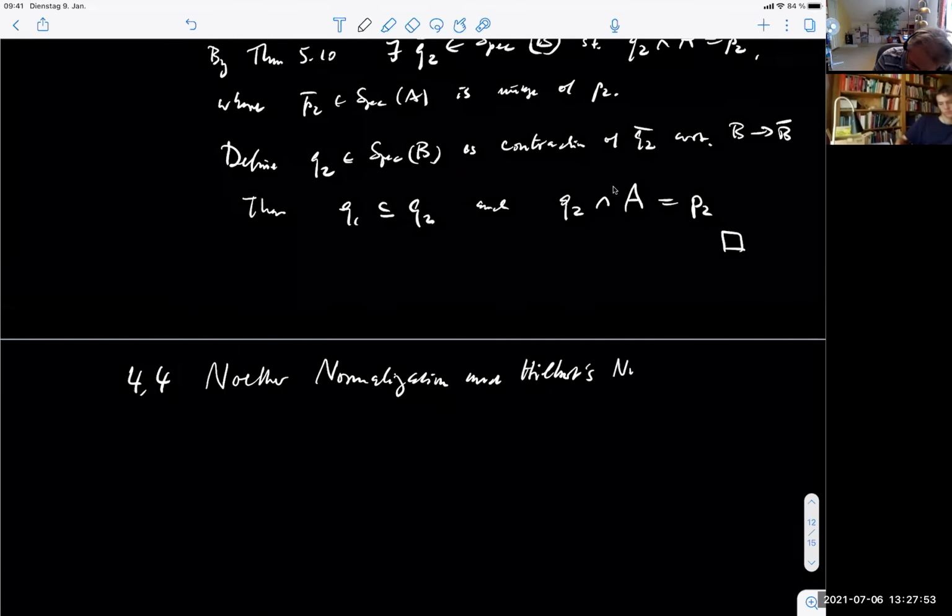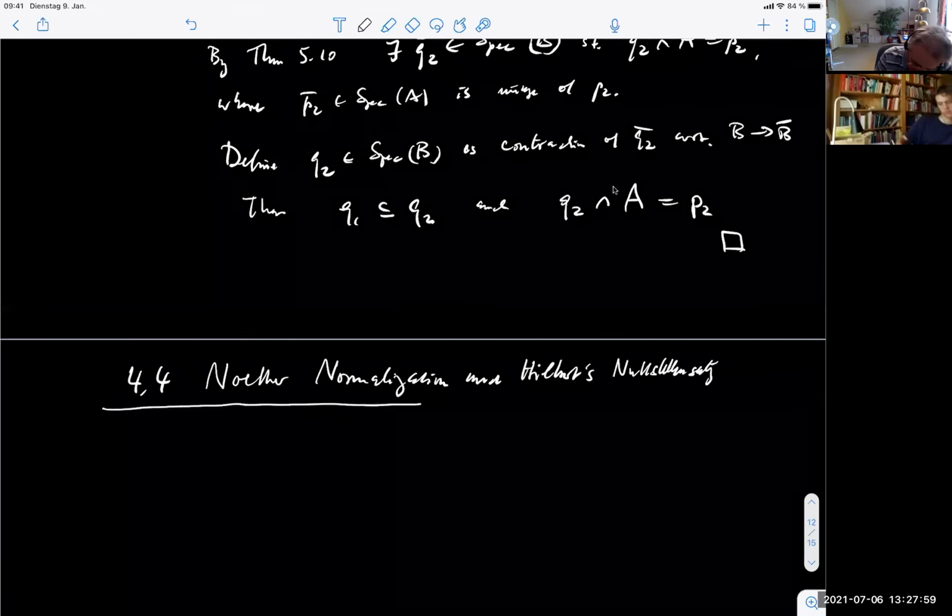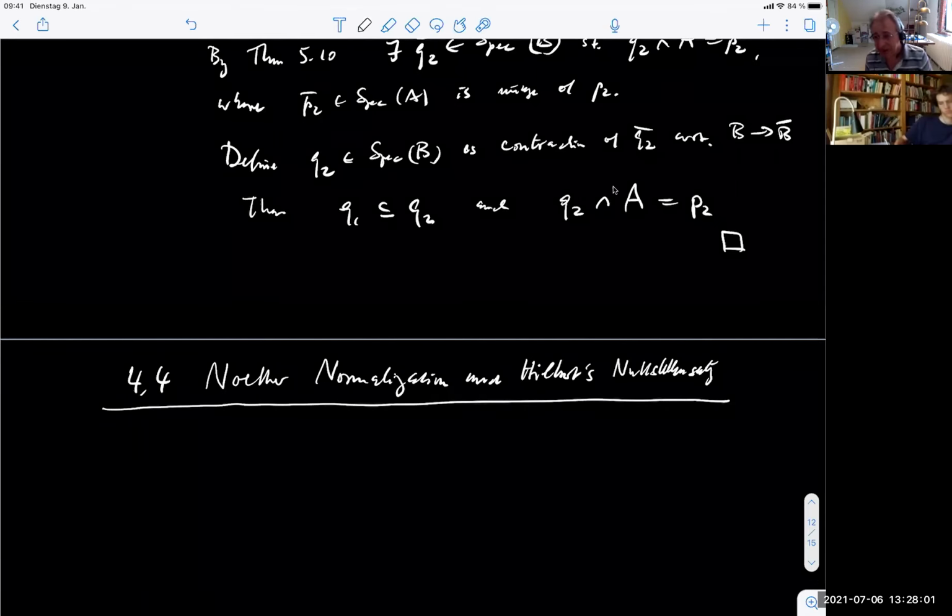I think it was in the exercises already, but I think there was no proof. The concept was just illustrated, but now let's prove it. There's quite an elegant proof in this context of integral ring extensions. Okay, so first Noether normalization.